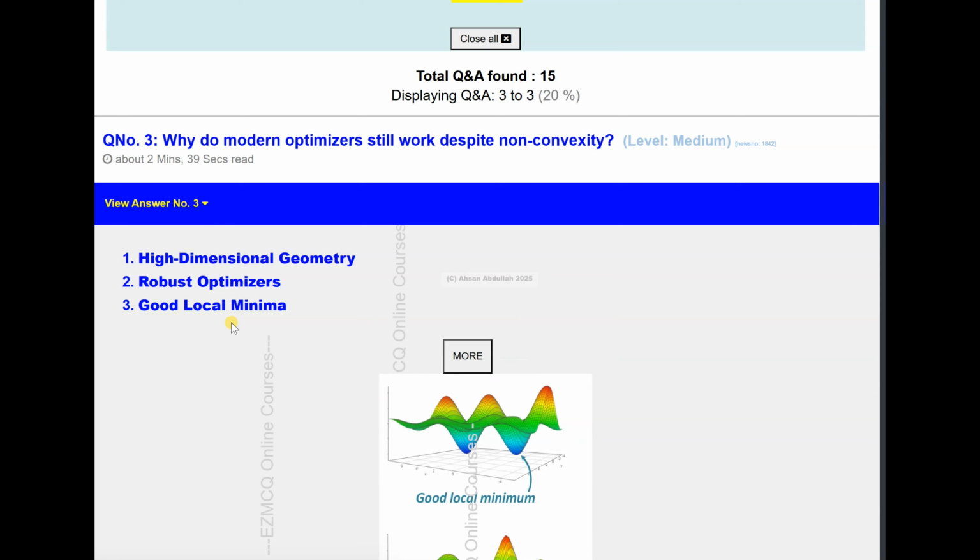Despite the non-convex nature of deep learning loss functions, modern optimizers like stochastic gradient descent, SGD, Adam, and others are remarkably effective in practice. Why are they successful? There are several underlying phenomena that help them navigate the complex optimization landscape.